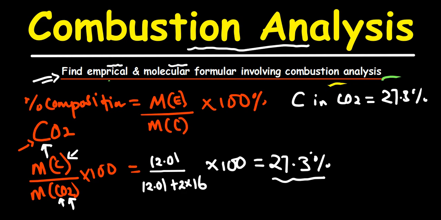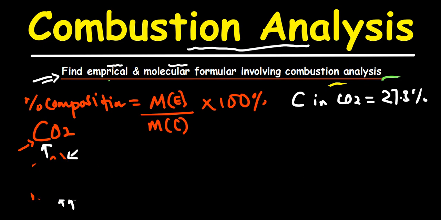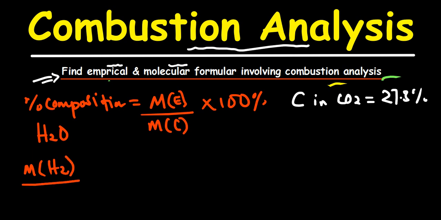What about the percentage composition for water? So for water, let's write water here. We are going to say mass of the hydrogen in the water, and then we are dividing this by the mass of the water itself, and then we are multiplying by 100.